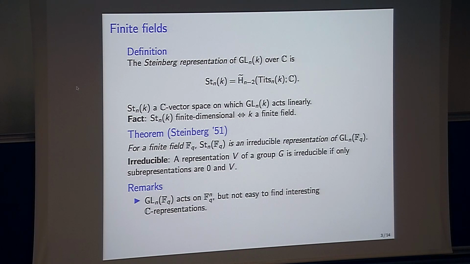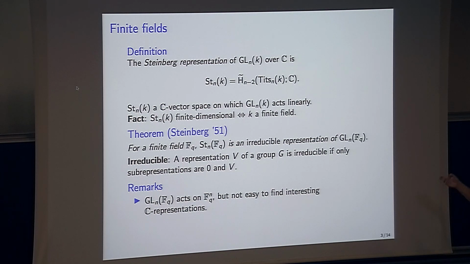These are the finite groups that show up in mathematics all over the place, and they have a lot of internal structure. One thing about it: you think, oh, this acts on F_q^n. That's an easy representation, the thing it was born to act on. But it's a finite group, so it should have lots of interesting representations over the complex numbers, but it's not so easy to find any of them.